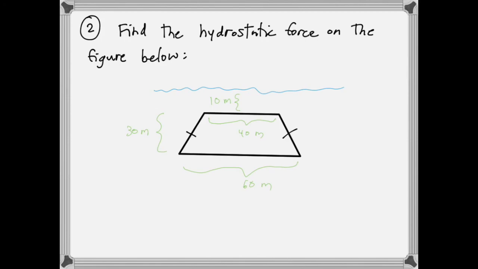Okay, so again, start off by making your coordinate system. So I'm going to call y equals 0 at the top, and down is positive. And then I'm going to put my rectangle in here. I'm going to make this line a little higher up here.